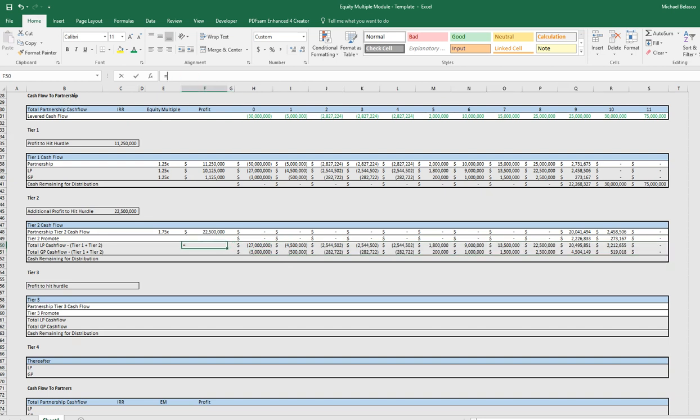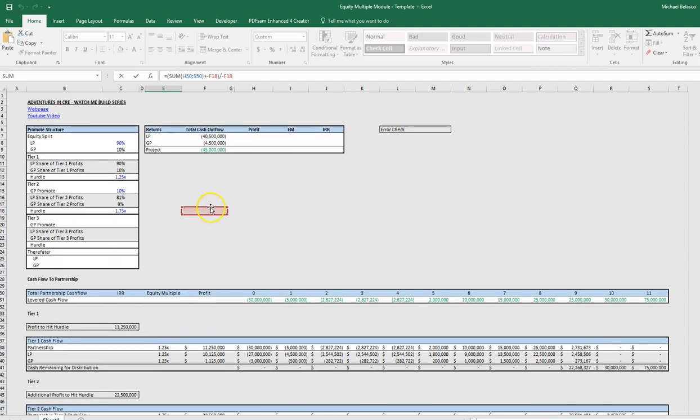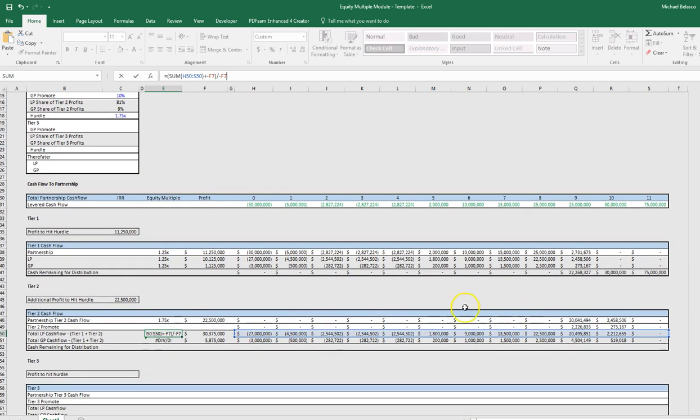All right, and let's add up the cash flow. And let's copy our formula from up top here, and then we'll just make a couple minor adjustments. So we'll bring this back up. This is the LP. And, you know, we should lock these in for when we copy and paste this down next time.